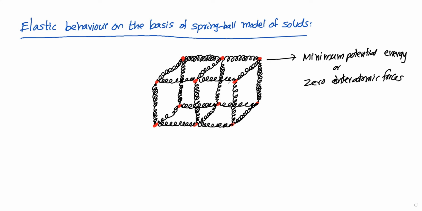Normally, the balls occupy the position of minimum potential energy or zero interatomic force. When any ball is displaced from its equilibrium position, the various springs connected to it exert a resultant force on the ball. This force tends to bring the ball back to the equilibrium position.